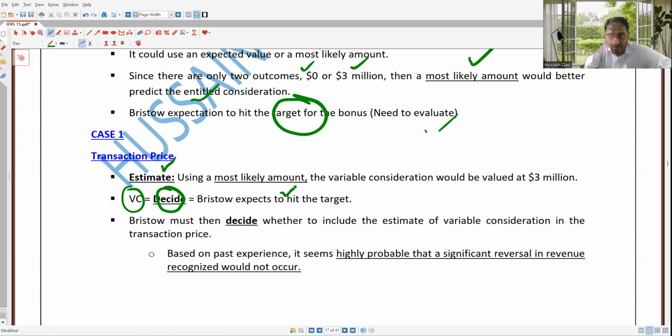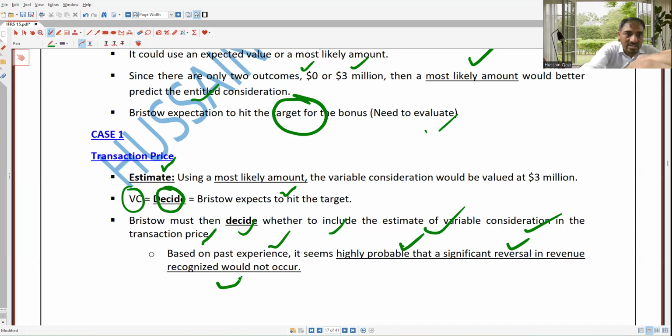That means it is highly probable that if we add the variable consideration, it will not be reversed. So Bristow then decides whether to include the estimated variable consideration in the transaction price. Based on past experience, it's highly probable that a significant reversal of revenue would not occur.